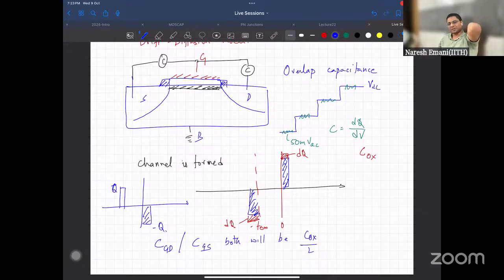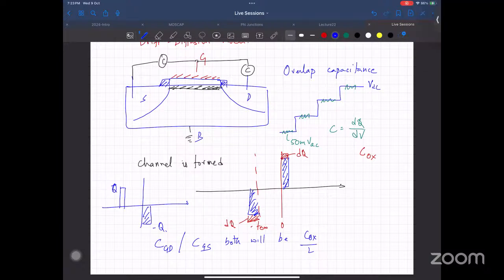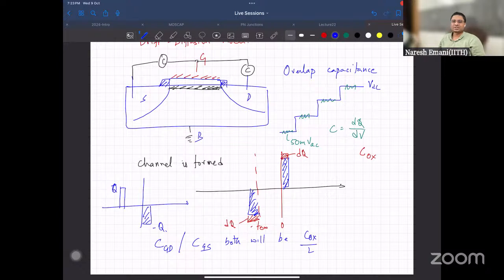Depending on the mode of operation, you can have Cox, Cox by 2, or Cox into 2 by 3, and so on, depending on the bias regimes. Now, the question is, how much is the relative contribution? Is the overlap capacitance large or this capacitance large? It all depends on the geometries and so on. That's all I can say. This is slightly more tricky to understand.